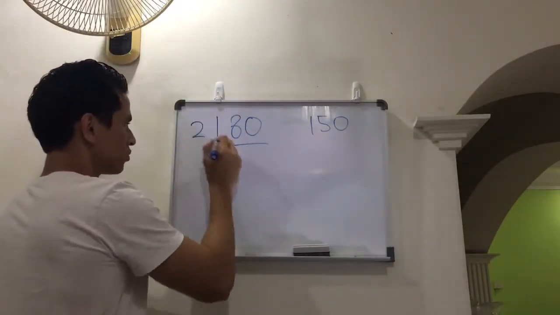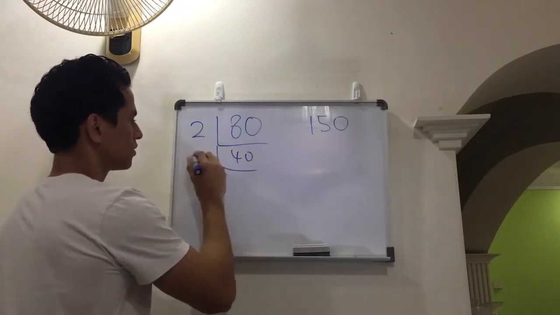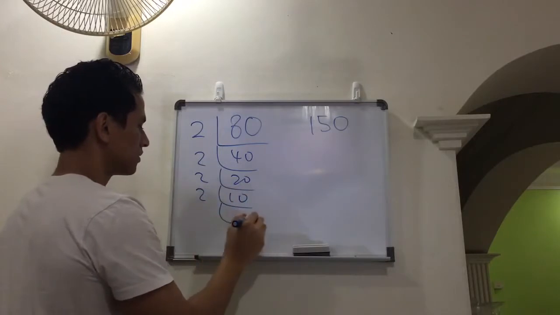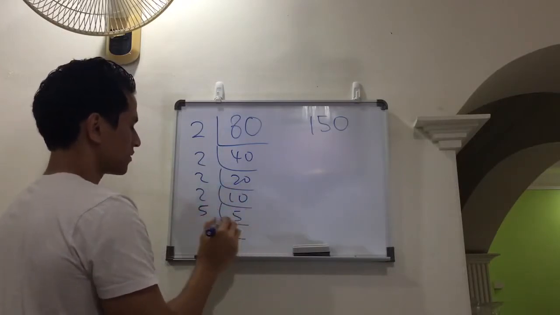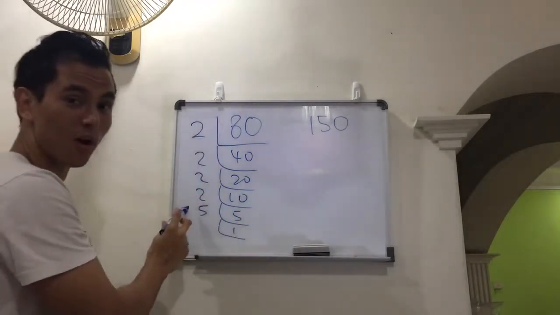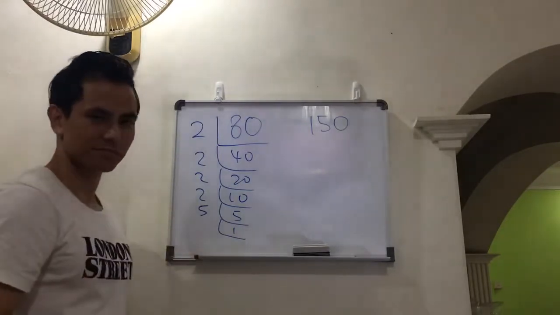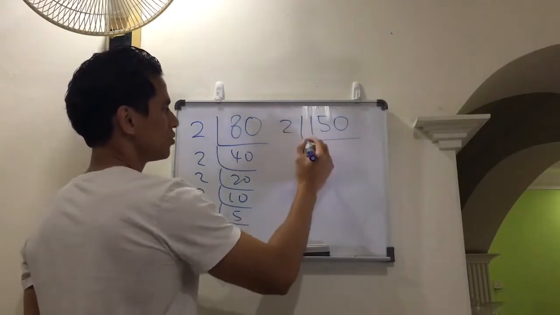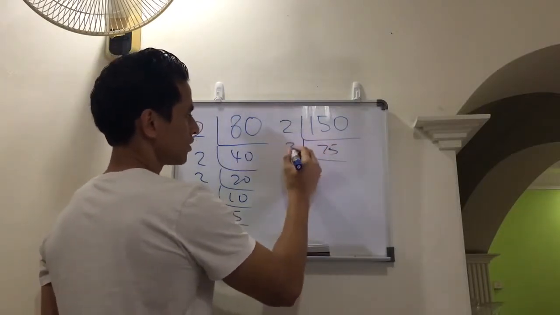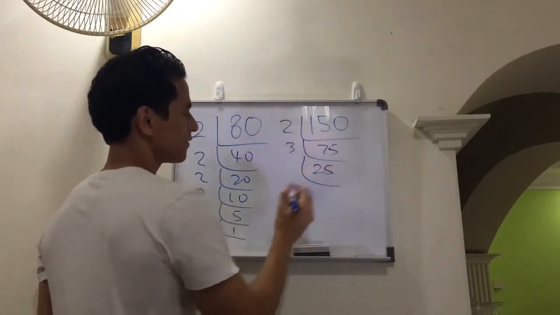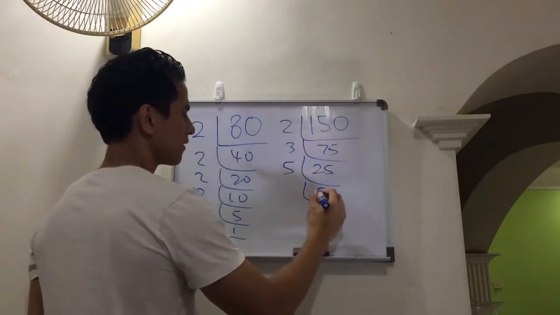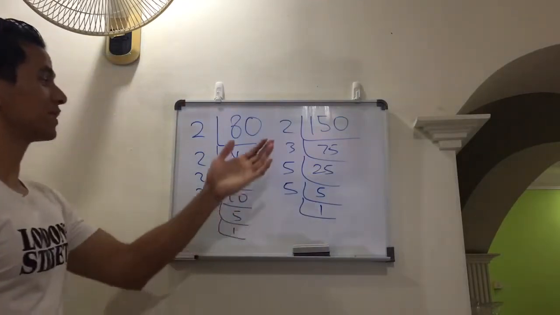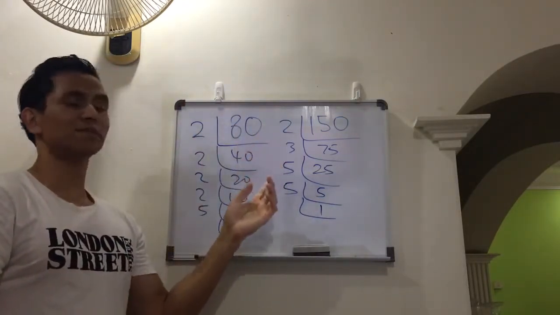So 2, 40, 2, 20, 2, 10, 2, 5, 5. So the prime factors are just 2 to the power of 4 multiplied by 5. Now, the prime factors of 150 will be 2, 75, 3, 25, 5, 5. So the prime factors of 150 will be 2 times 3 times 5 squared.